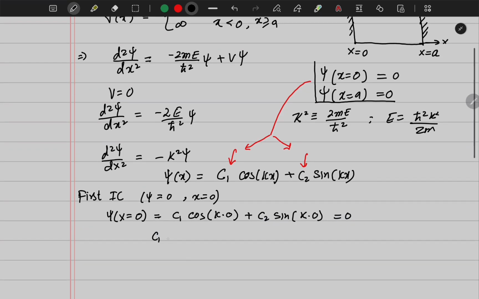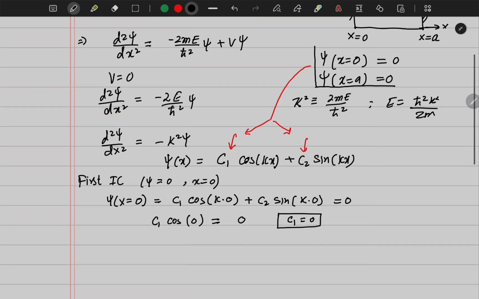So c1 cosine of 0 is equal to 0. Cosine of 0 is 1, so c1 is equal to 0. That comes from the first condition. So c1 is 0, and we are left with psi of x equals c2 sine of kx.